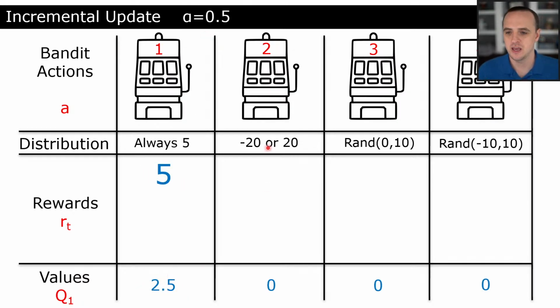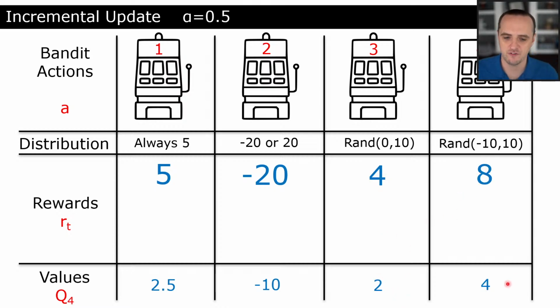If we get a negative 20, we go halfway between 0 and negative 20, which is negative 10. We get a 4 over here. Halfway between 0 and 4 is 2. We get an 8 here. Halfway between 0 and 8 is 4.